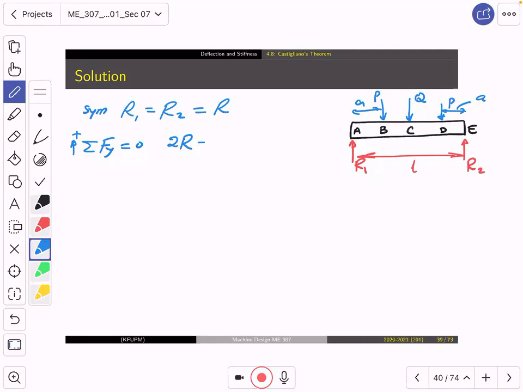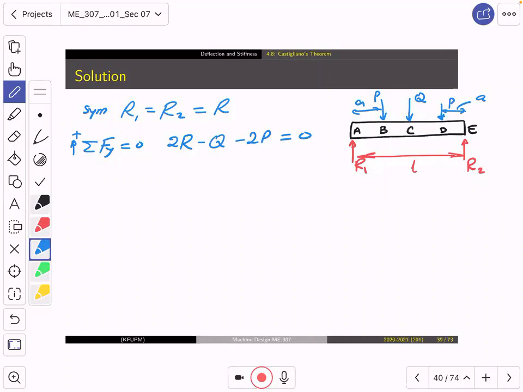I think there is something wrong in the solution. Anyway, so I will have two reactions upward, minus Q, which is the force, minus 2P equals 0. Is that correct? Yes.